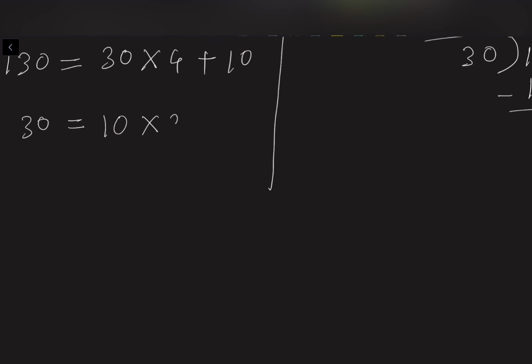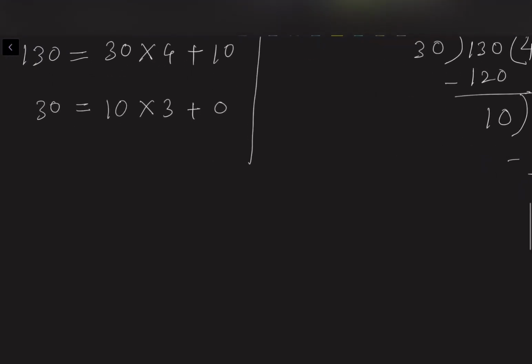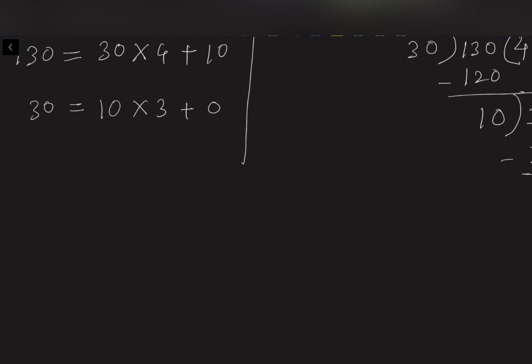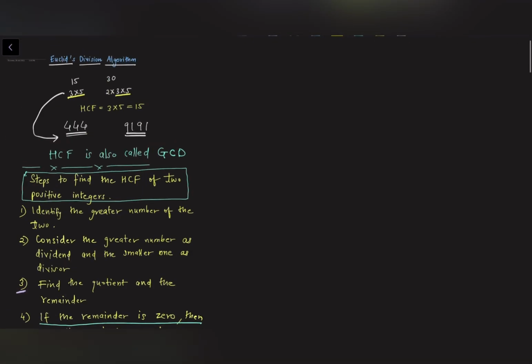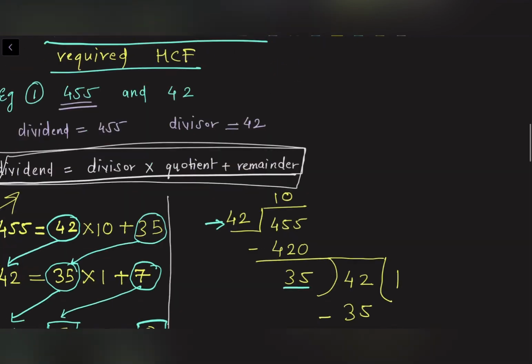So what should I put? 10 into 3 is 30, remainder 0. So I have got remainder as 0. That means my HCF is what? My HCF is the divisor, 10. Okay. See the statement, last step. The last divisor for which the remainder is 0 is the required HCF.